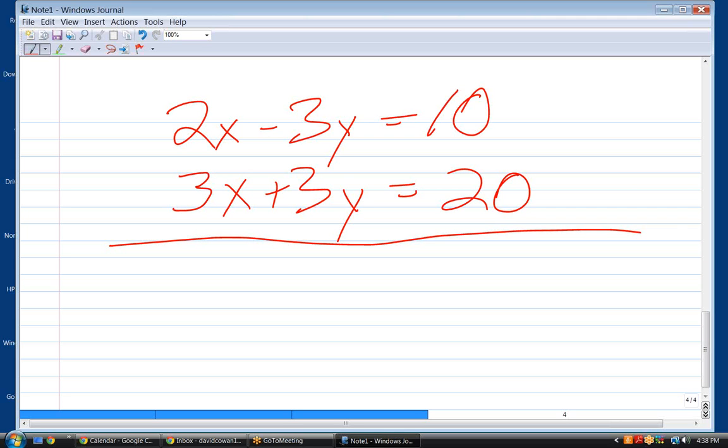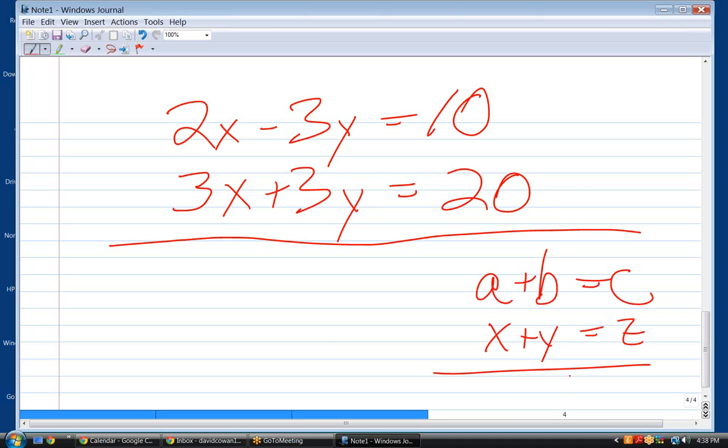Okay? Now, you can always, no matter what equations they are, you can always add or subtract equations. In other words, if I have a plus b equals c and x plus y equals z, there's two equations, well, I can add those together so that a plus b plus x plus y equals c plus z.